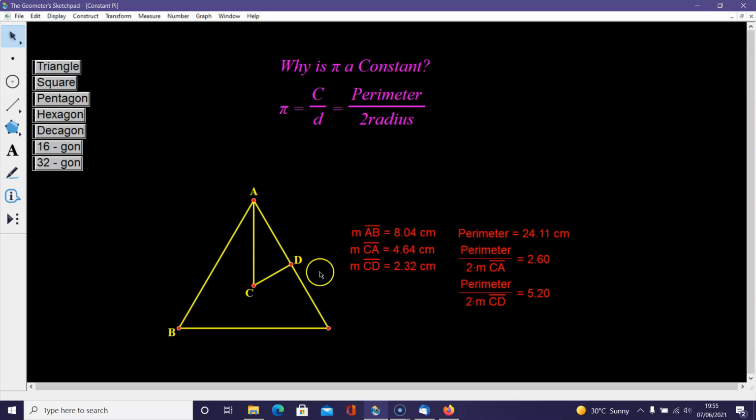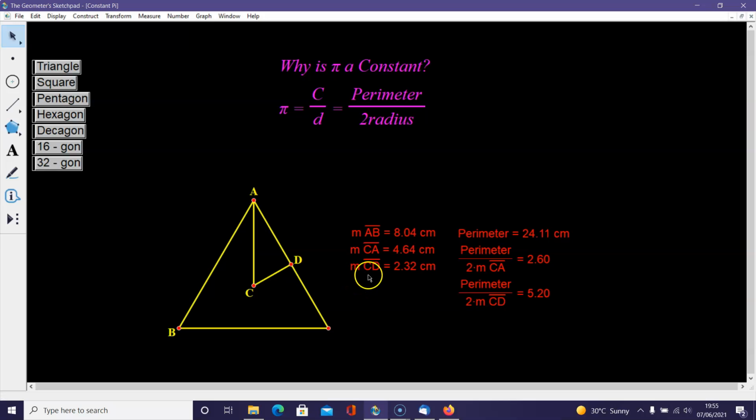So for this particular triangle that we see we have a perimeter of 24.11 centimeters. The distance A to B is 8.04 centimeters. A to B, I'm sorry, so that's the side of this triangle. From the center to the vertex is 4.46 centimeters.